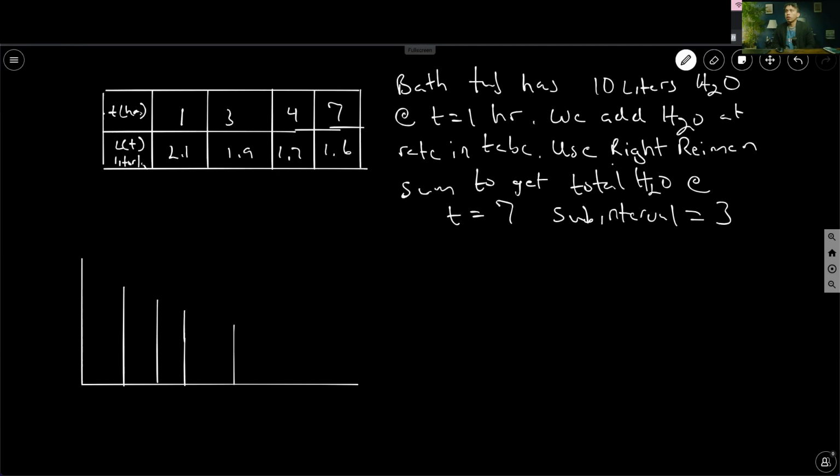Now we know that down here are the values x equals 1, 3, 4, and 7. And then we know that the y values here, this is 1.6, this is 1.7, 1.9, and then 2.1. Okay, so basically to get the right Riemann sum, we draw the rectangle from the right one onward.